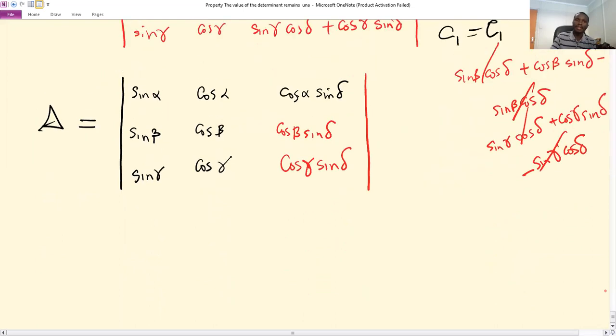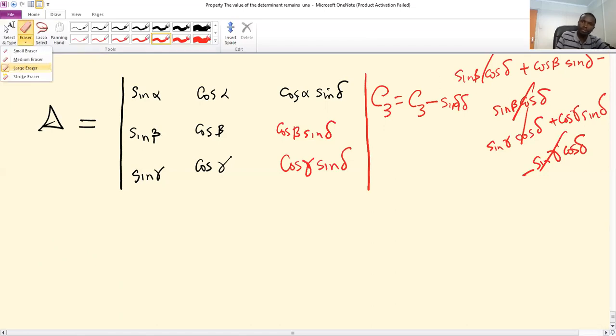Next, we still play with column 3. We say column 3 becomes column 3 minus sine delta times column 2.